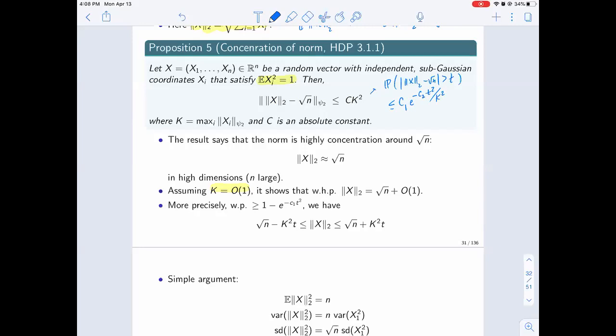Right? Or I could replace t with k times t, and I get, sorry, this would be k to the 4, because the sub-Gaussian norm appears here squared.